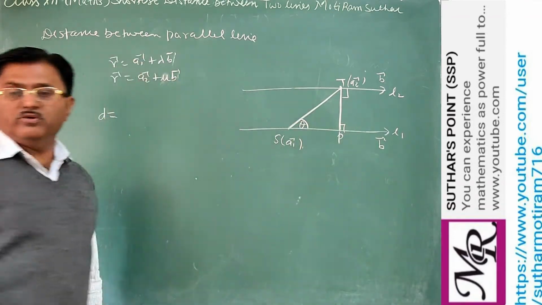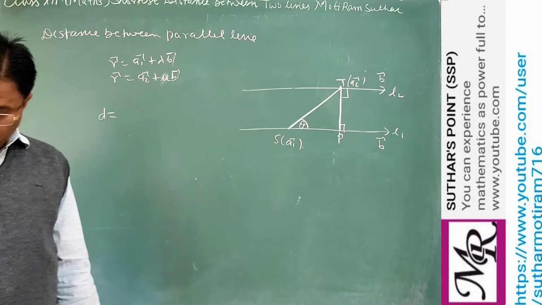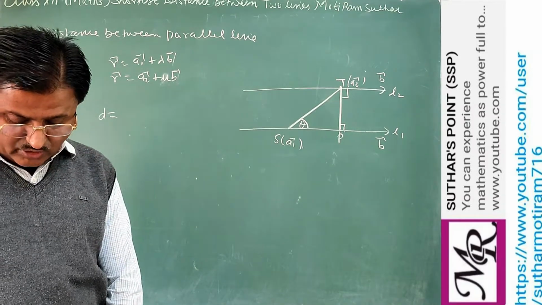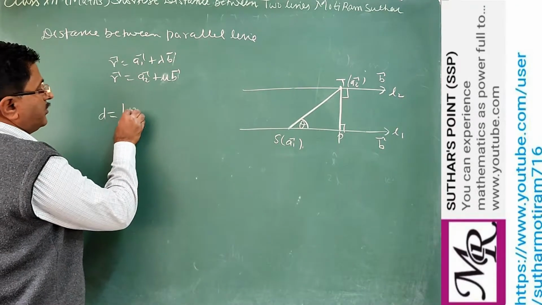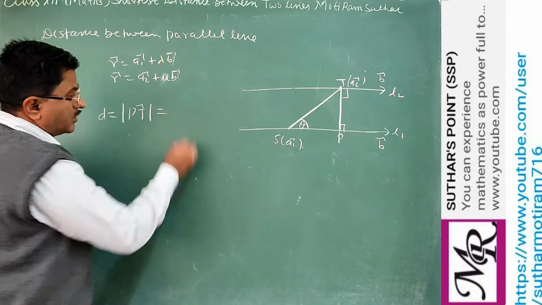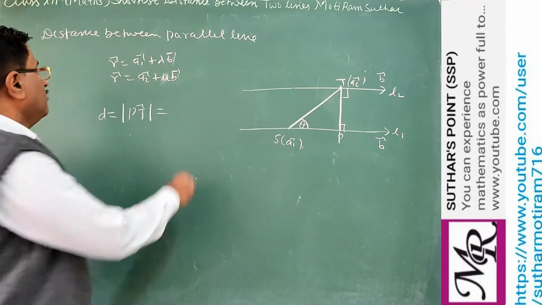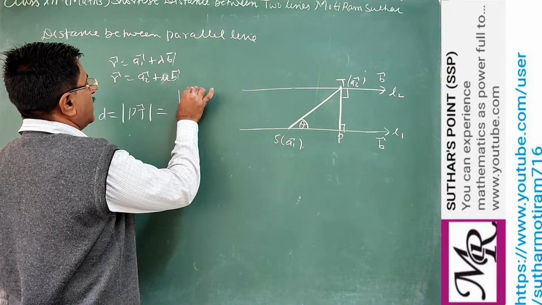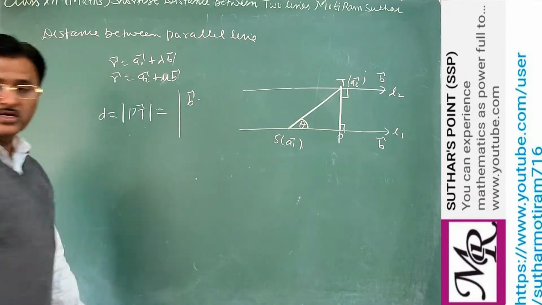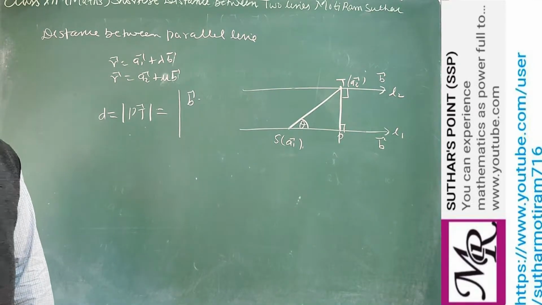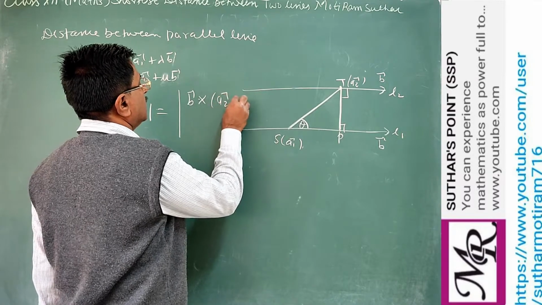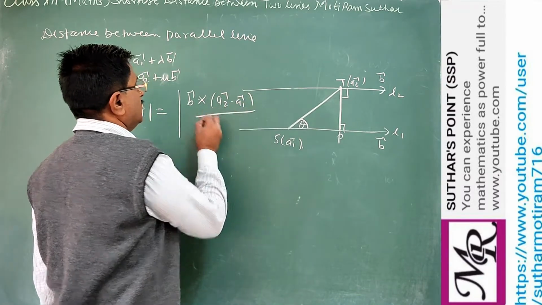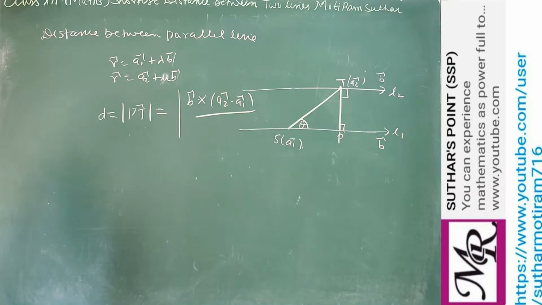So the same derivation we can use, and finally what we get is the formula for the shortest distance, d equal to mod of PT is equal to mod of, now b1 and b cross both are replaced by only vector b, and the dot product is converted into cross when you draw the derivation, upon mod of vector b.